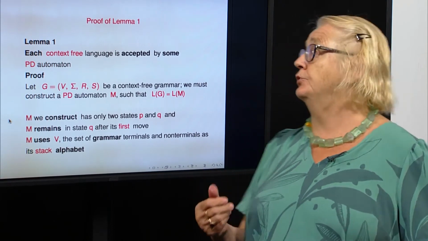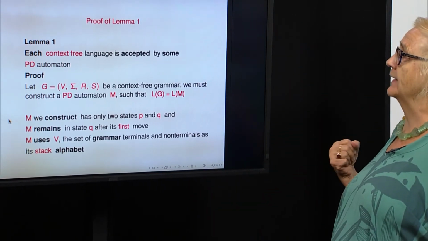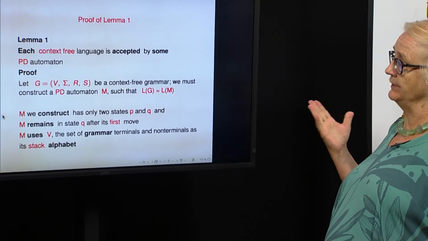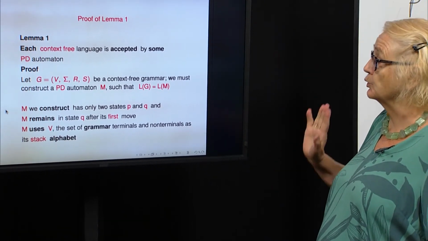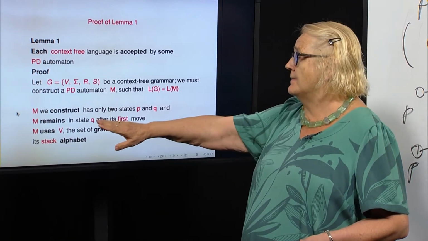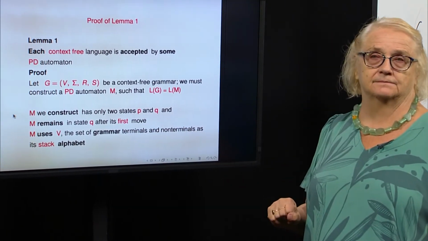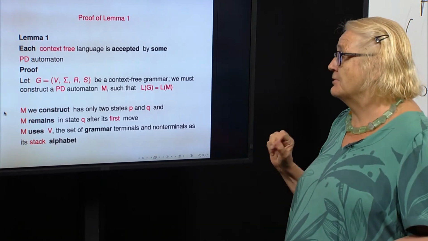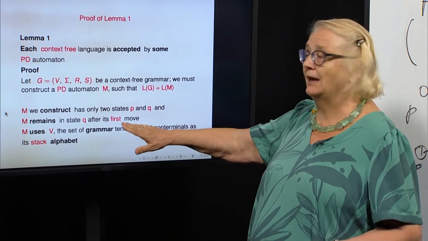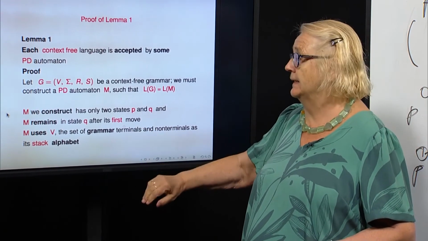So we want to now show that each context-free language is accepted by some PD automaton. It means that we want to construct M. The M we construct has only two states, P and Q. That's already good. It remains in state Q after the first move.